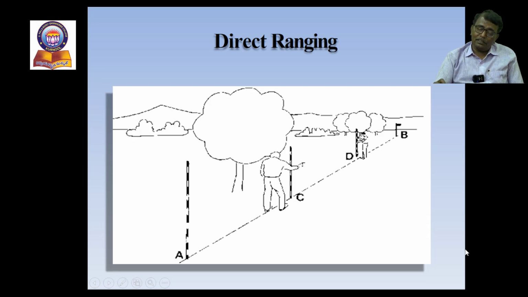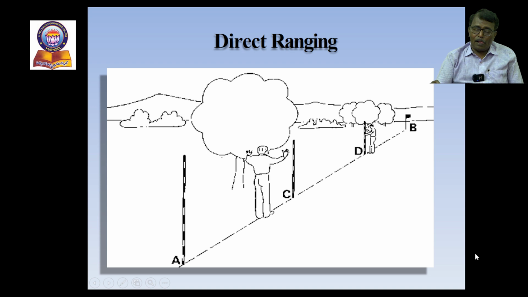Now exactly from C you can locate the D point. So alignment can be done like this, so that the measurement can be exactly obtained between A and B. Once the alignment is over, the surveyor gives a signal to mark the point D.